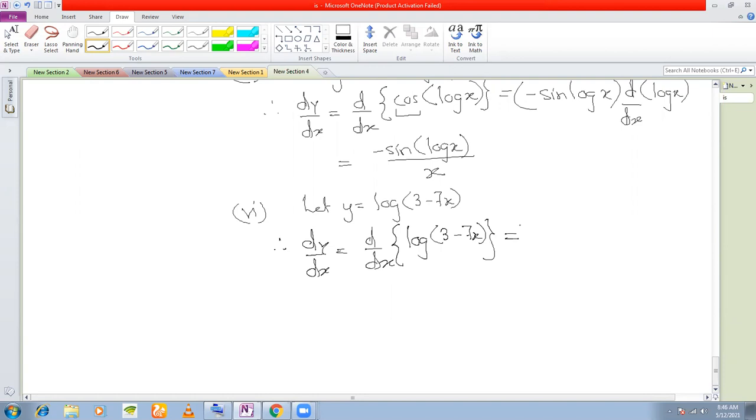Log 3 minus 7x. First differentiate the log to get 1 by 3 minus 7x. Next you differentiate what is within the log, 3 minus 7x. And 1 by 3 minus 7x. What is the derivative of 3 minus 7x?